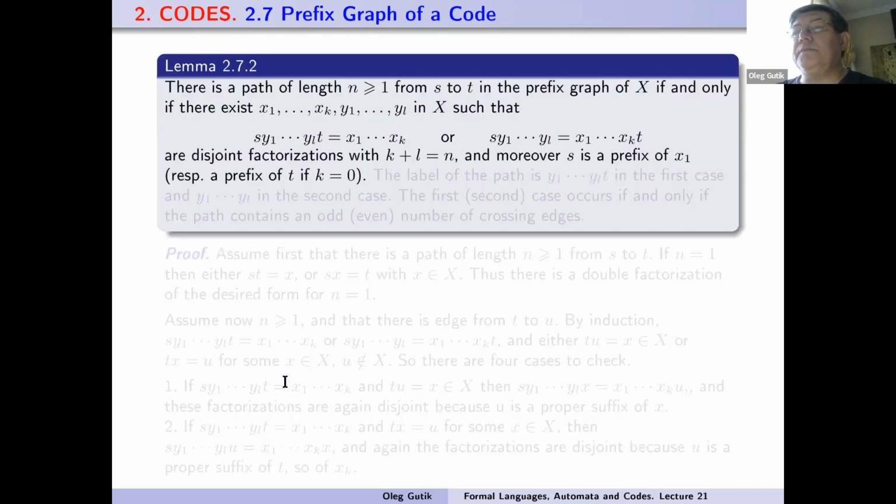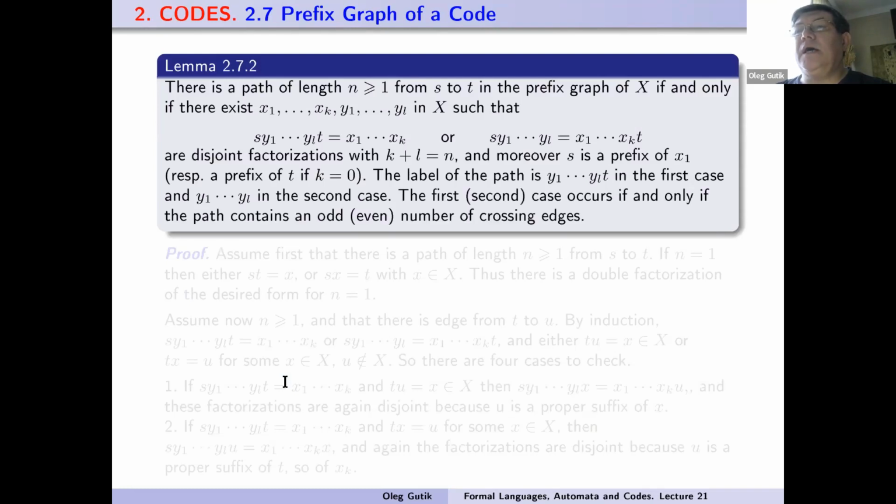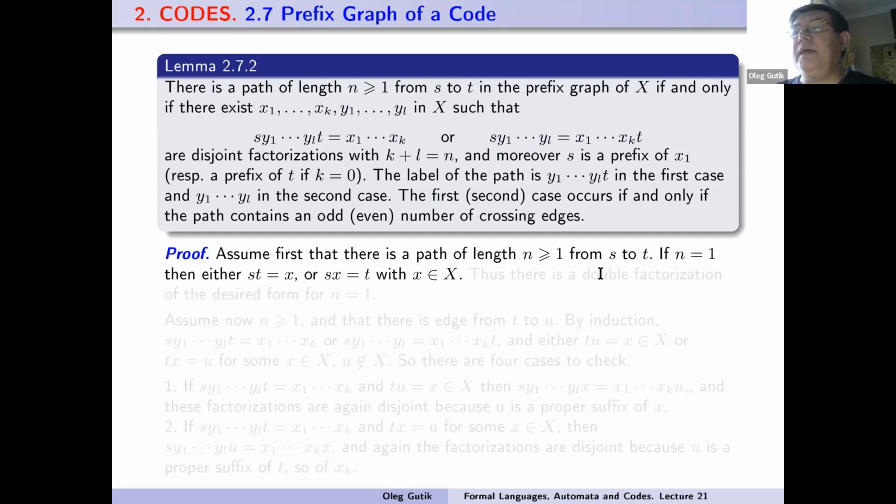So we repeat Lemma 2.7.2 and give a proof of this Lemma. Assume first that there exists a path of length n greater or equal 1 from S to T. If n is equal 1, then either st is equal s or sx is equal t with x from X capital.